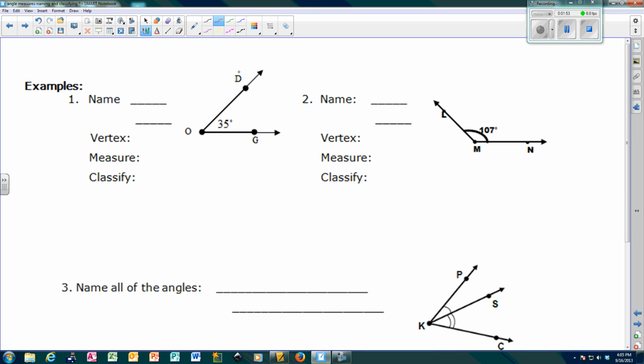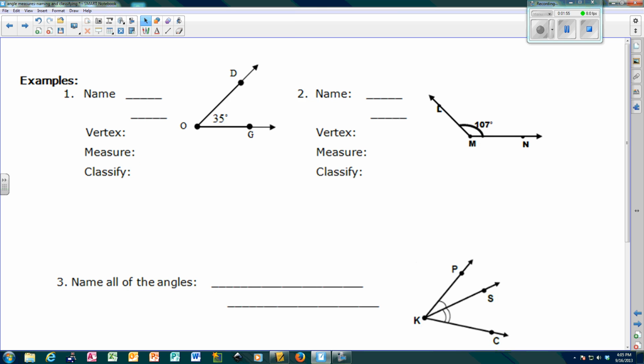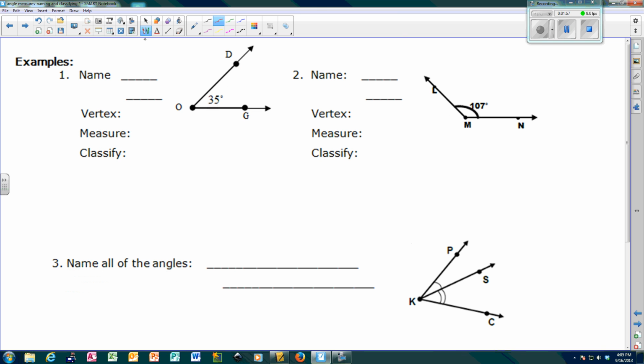All right, so now let's talk about some classification here. So we've got this angle, so we could call this angle DOG, or since there's only one angle, we could just call it angle O. The vertex is O. The measure is 35 degrees, and we're going to classify it as acute.